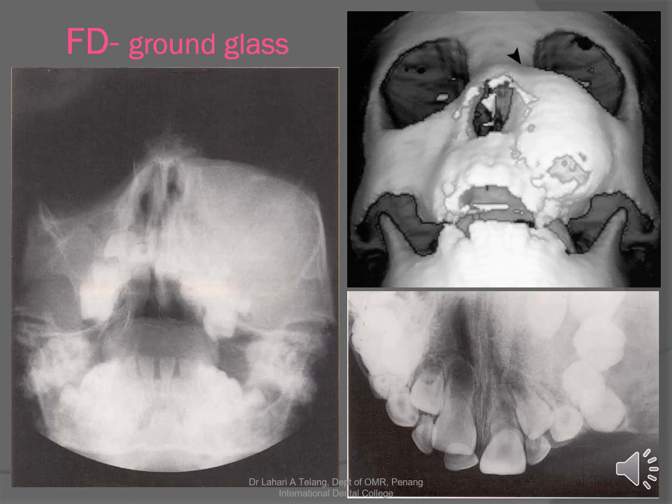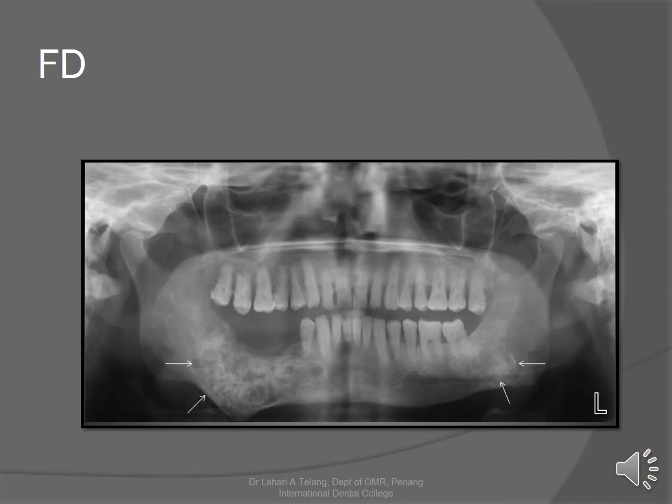From your knowledge of pathology, you are aware that fibrous dysplasia is either monostotic or polyostotic. So if both sides of the maxilla are involved, it is called polyostotic, because the maxilla comprises two bones which are fused in the center, whereas the mandible is a single bone. This is another appearance of fibrous dysplasia on both sides of the mandibular bone.